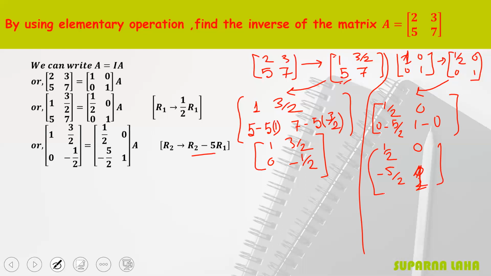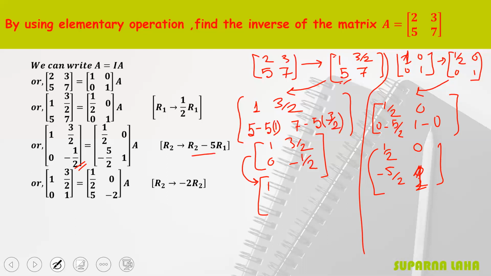Now our next work is to make this element 1. If we multiply this element by minus 2, it will be 1. So multiply row 2 by minus 2. Since I'm operating on row 2, row 1 will be the same.